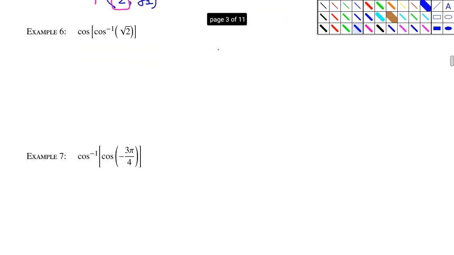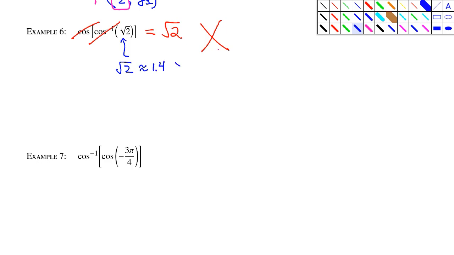Example 6. What is the cosine of the arc cosine of root 2? Again, this is one of those where you just want to cancel and say that the answer is root 2. That is not correct. And the reason for that is because the value of root 2 is approximately 1.4, which is greater than 1.